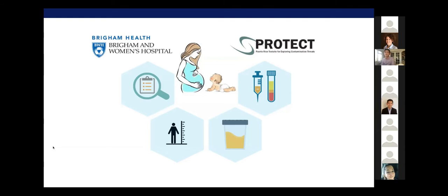And these participants were recruited between 2006 and 2008. And then the other cohort is the Puerto Rico Protect cohort, which focuses on evaluating environmental risk factors in historically neglected communities in Puerto Rico. And participants in this cohort began recruitment in 2010.